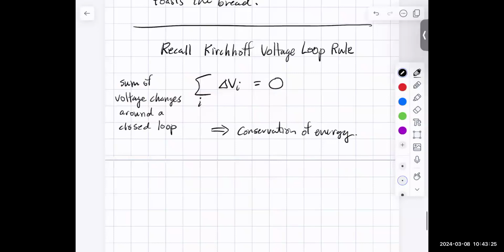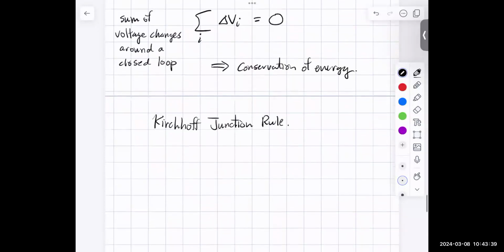All right. So what we want to do now is Kirchhoff has a second rule, and it's called the Kirchhoff junction rule. So what I want to imagine is that we've got a wire, and it's going to carry some current, I. And then it's going to come to a junction.